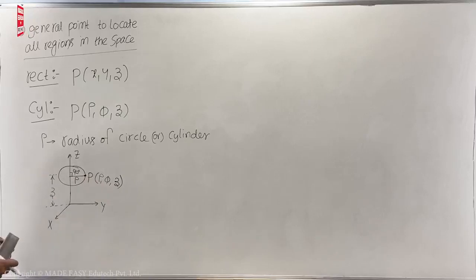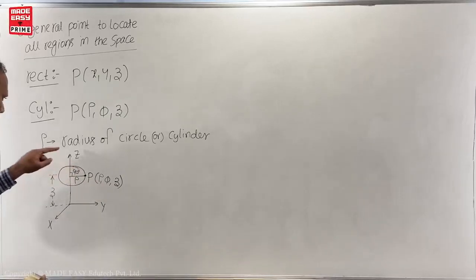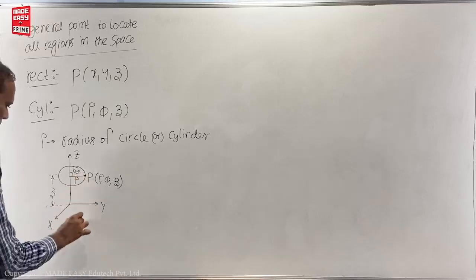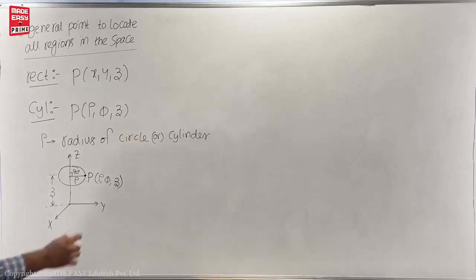Now what is rho? Radius of a circle. If you draw a cylinder like this, then that becomes the radius of the cylinder.